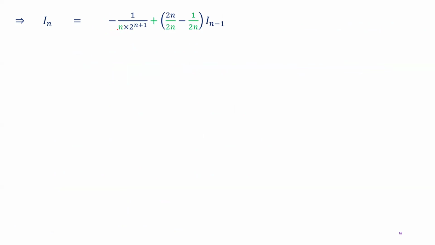Again, 2n into 2 to the power n will become 2 to the power n plus 1, plus 2n upon 2n minus 1 upon 2n. So this will again cancel. We have I_n is equal to minus 1 upon n into 2 to the power (n plus 1) plus 1 minus 1 upon 2n times of I_(n minus 1).